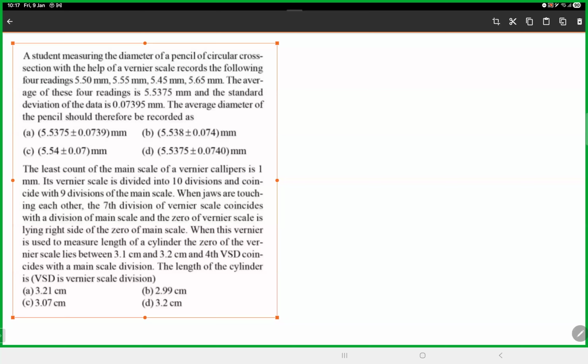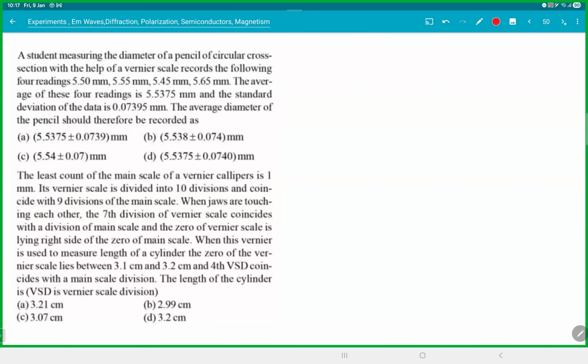Vernier calipers. There's nothing to solve.